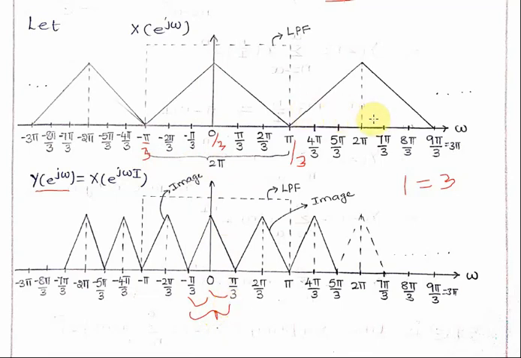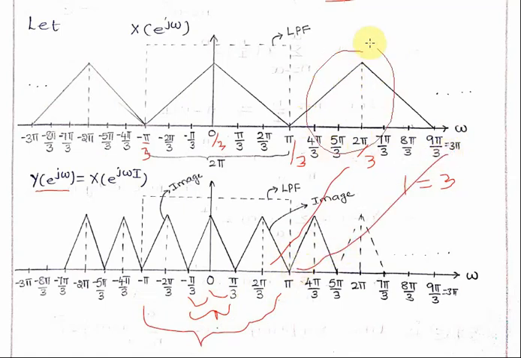At the same time, these frequency repetitions will come into minus pi to plus pi. Here 2 pi by 3 is there, it will come to here. Similarly 9 pi by 3, that is 3 pi, will come to pi. So this spectrum will come in here.